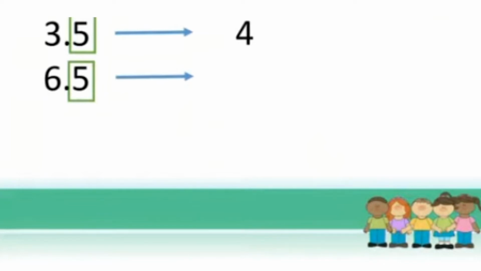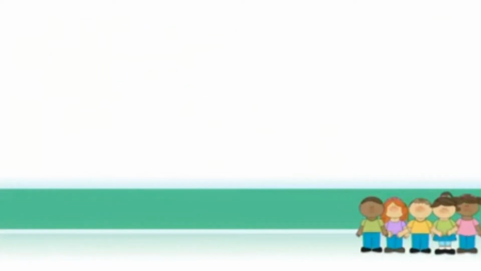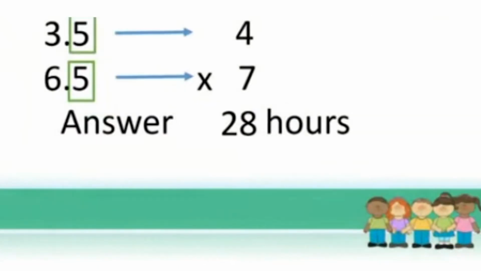Since the number is 5, round up. That becomes 1 plus 6 is equal to 7. And then multiply the estimated decimal numbers. That is 4 times 7. The answer is 28. So Michelle spent 28 hours in studying.